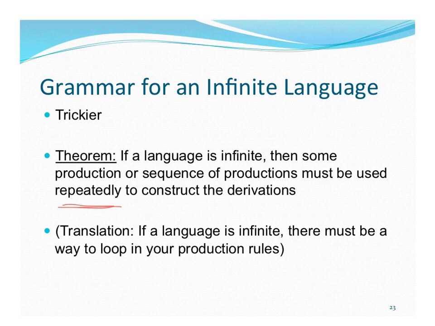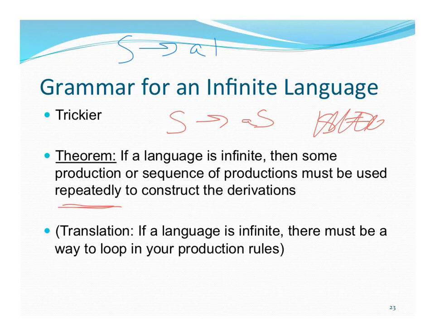And that loop might be a direct route where S goes to AS, or it could be something a little more complicated, like S goes to AB and B goes to BBS, so they're interdependent.